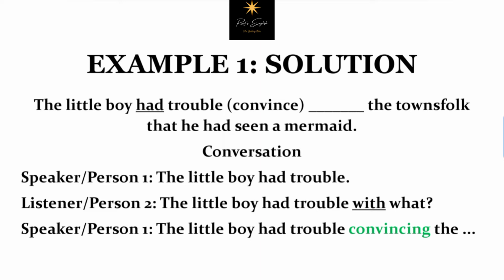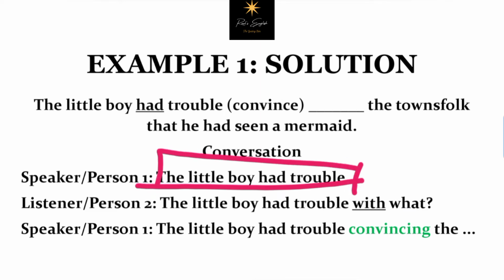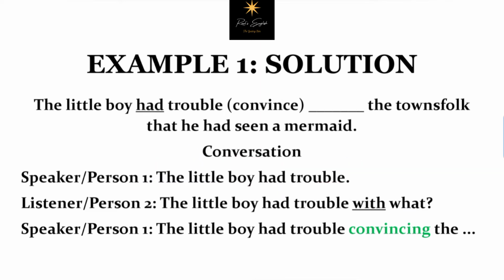Okay, so that was that. You asked the question. You assume there is another person talking to you, or you are being spoken to by another person, and that person tells you just this much incomplete information. Then you'd say, okay, the little boy had trouble with what? Not to do what? The little boy had trouble to do what? That would be incorrect.